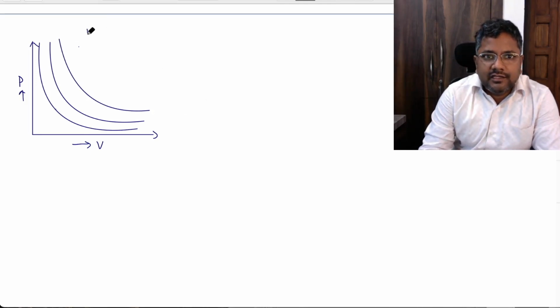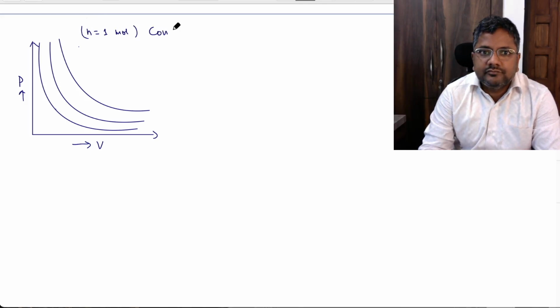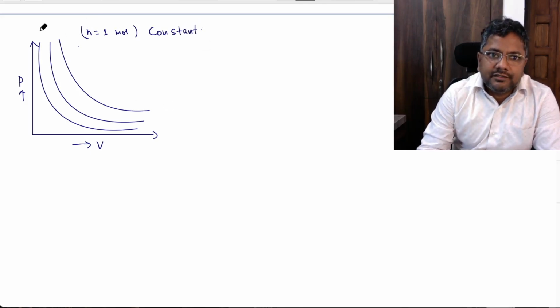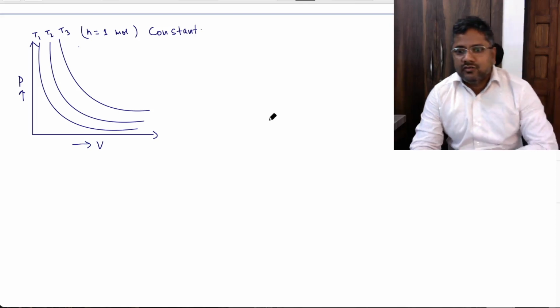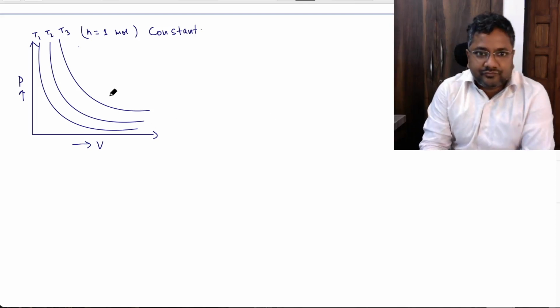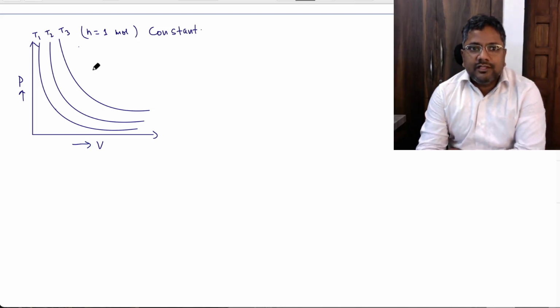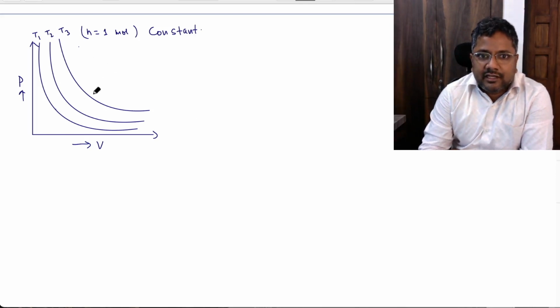Suppose that N is equal to 1 mole, it is constant, it is given, and this is T1, this is T2, this is T3. Suppose that now the question is asked, what is the relation between T1, T2 and T3?